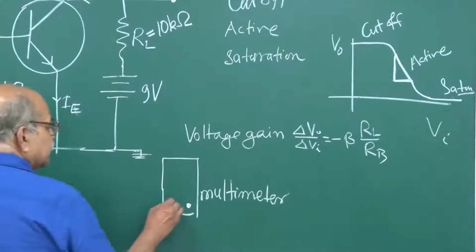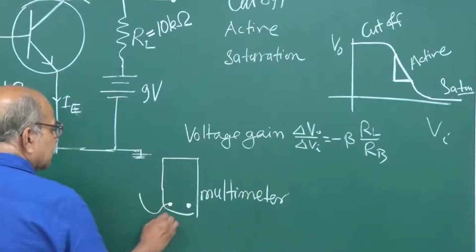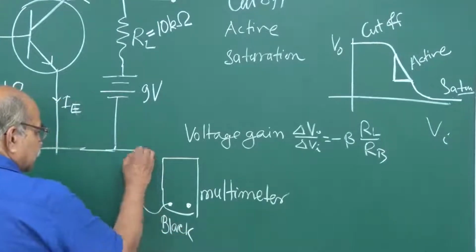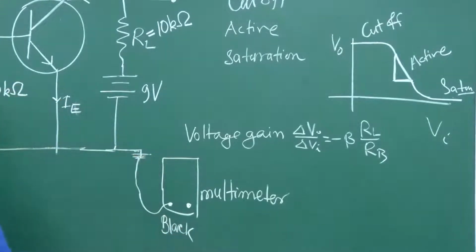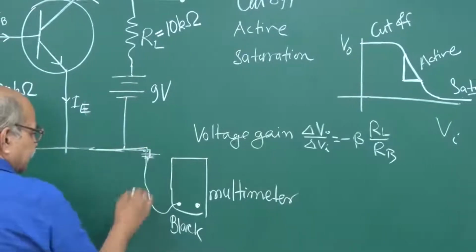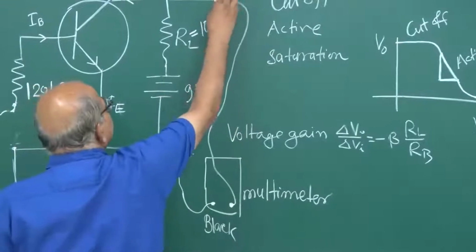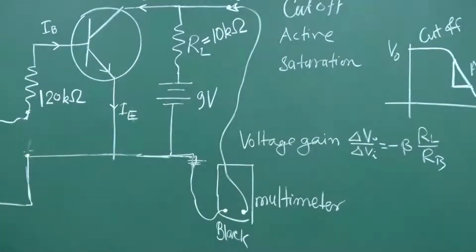So we will take a lead from here, and the black terminal will be connected to this 0 line, and the other terminal will be connected here, so that it can measure this VO.